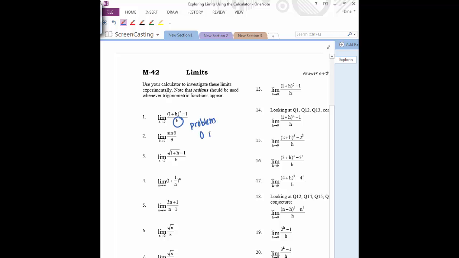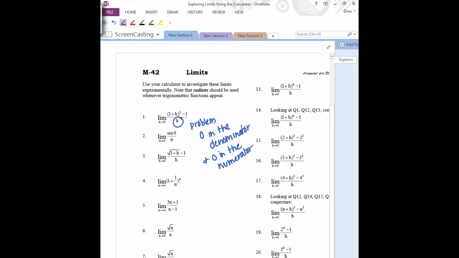So now you're already wondering, is it even possible to do this? If I substitute in 0 for h, I'm going to get 0 over 0. This is what we call an indeterminate form. So what we're going to do is graph it and see what's going on.